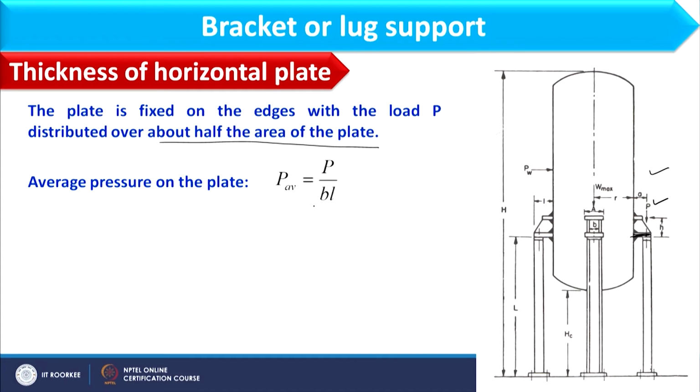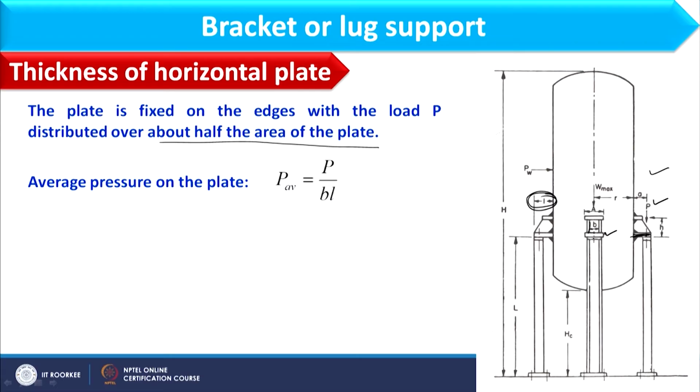So, what is that P by BL? P is the total load, which is acting on almost half of the area, and therefore we can consider B, which is the space between the gusset plates, into L. L is basically the width of this plate outside, as shown in this bracket clearly.